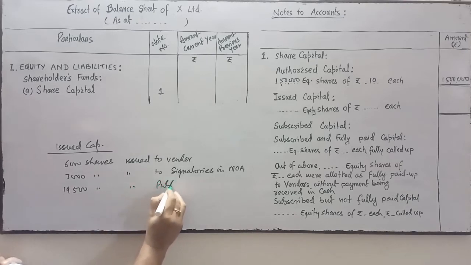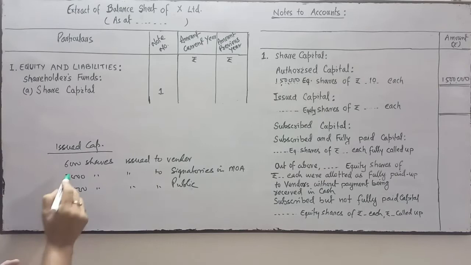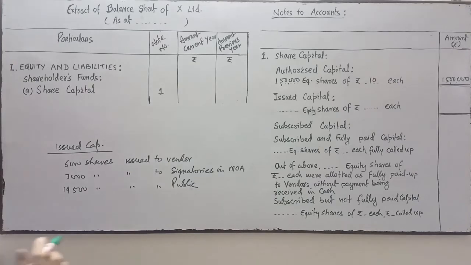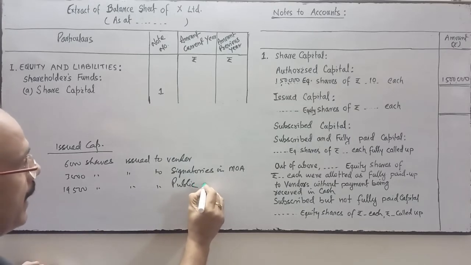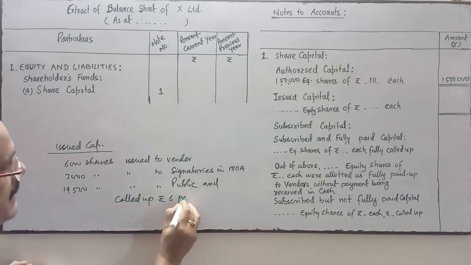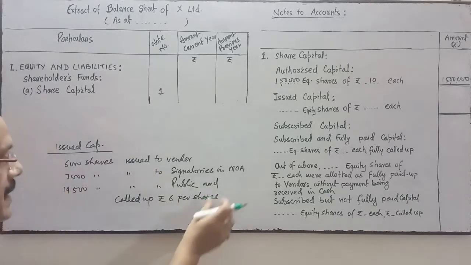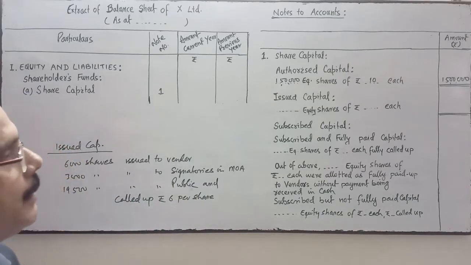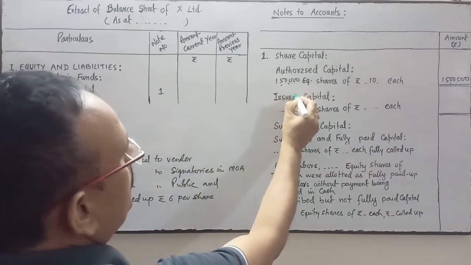Now, for the issued capital: 6,000 shares issued to the vendor for the purchase consideration of the building, 3,000 shares issued to the signatories in the memorandum of association, and 19,500 shares issued to the public and called up rupees 6 per share, and the entire called up amount was received on the shares allotted.